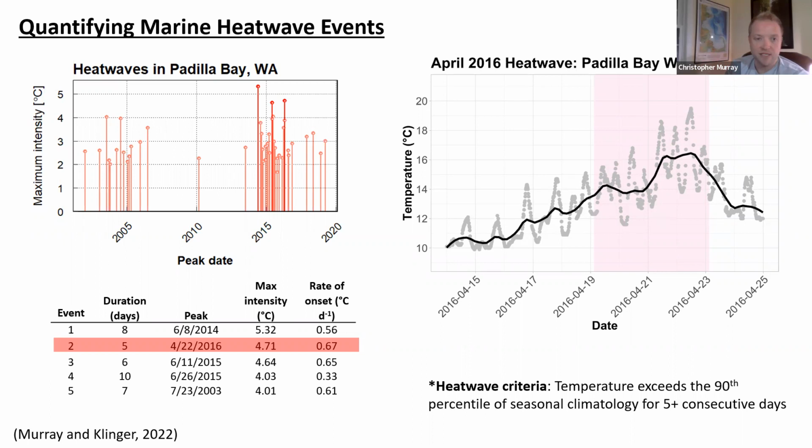So essentially what that means is over the course of the 20 years, it compared data on every day of every given year, and then looked at where temperatures fell in the 90th percentile on that day. And if temperatures exceeded the 90th percentile for 5 consecutive days, bam, we have a heat wave. So each one of those little lollipops there on that plot shows heat waves occurring in the historical data set.